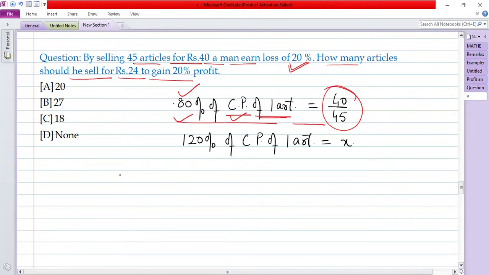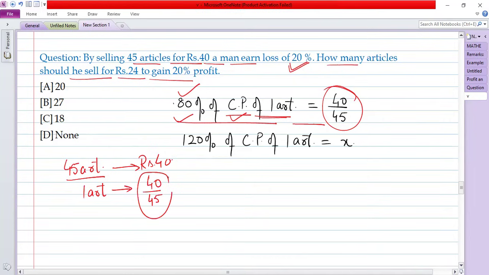What's the meaning? If by selling 45 articles the person gets rupees 40, then for one article the selling price will be nothing but 40 by 45.